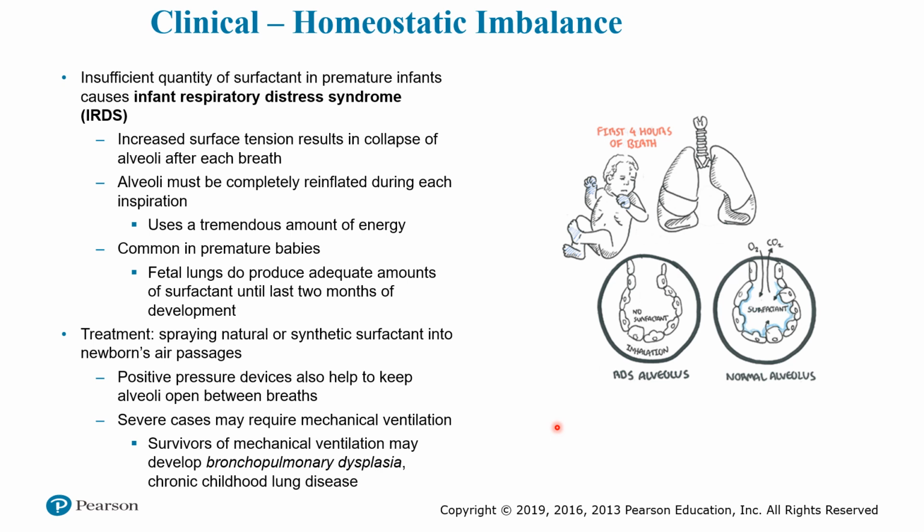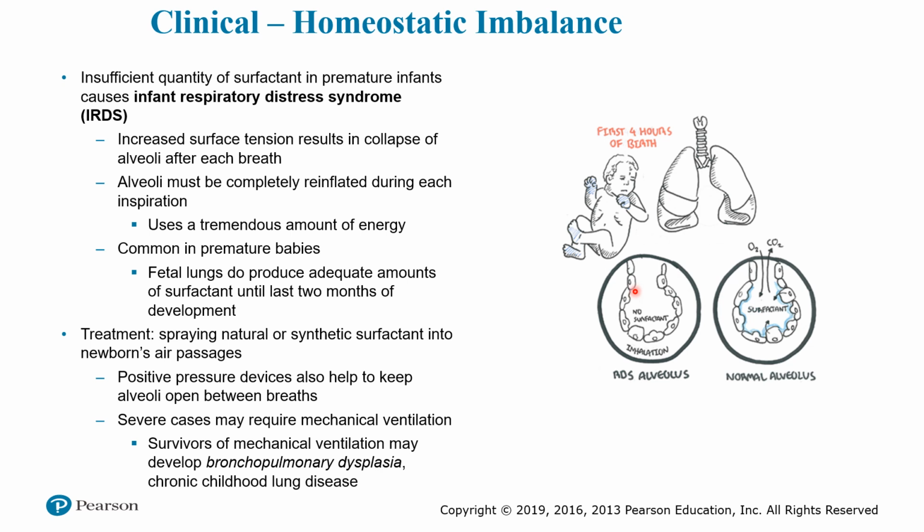So what happens if we do not have surfactant? In premature babies, there is a syndrome which is known as infant respiratory distress syndrome, because surfactant is... full term babies can make surfactant. Babies who are born premature do not make surfactant. As a result, their alveoli are collapsed, and collapsed alveoli require greater energy to inflate.